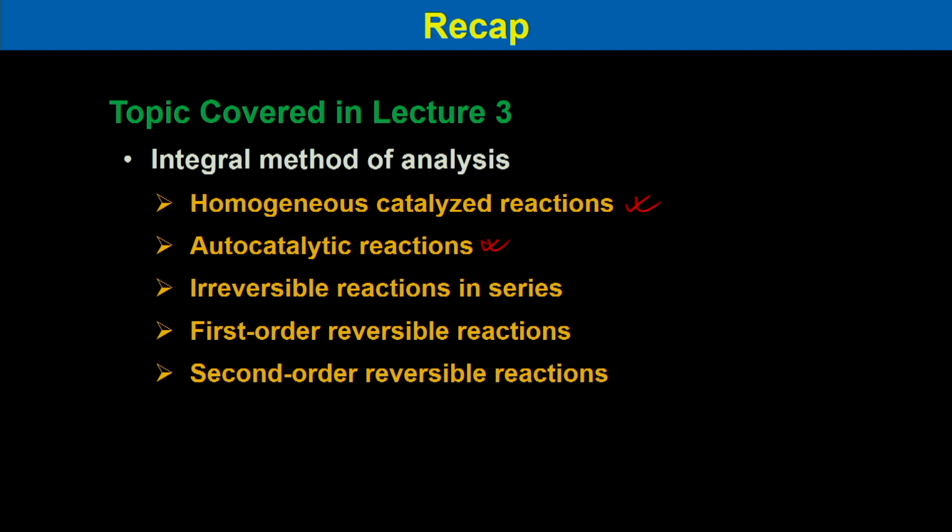Then we have discussed irreversible reaction in series, then first order reversible reaction and second order reversible reaction. And we have concluded that any reactions more than second order is very difficult to treat analytically.